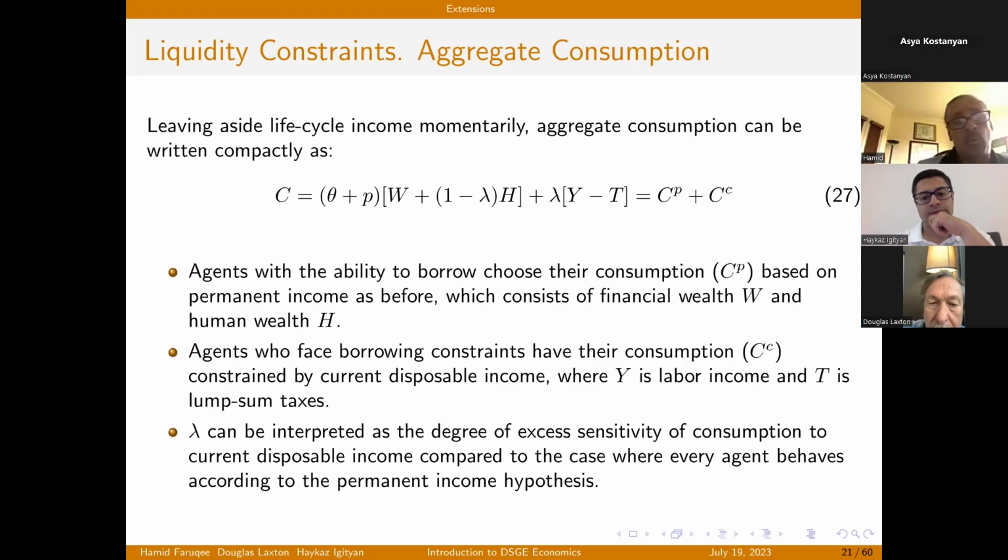They own all the financial wealth in the economy, so their share of consumption will be that first term. And then you have the current income consumers, the ones who are liquidity constrained, where their consumption is a function of their disposable income, and that's the lambda (y minus t) term there. So that's how the aggregate consumption function would be modified when you have a share of the population consuming out of current income and a share of the population consuming out of permanent income.